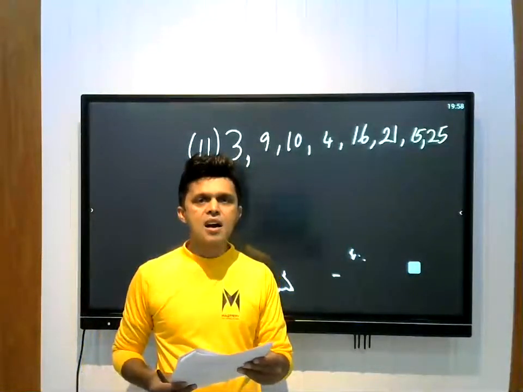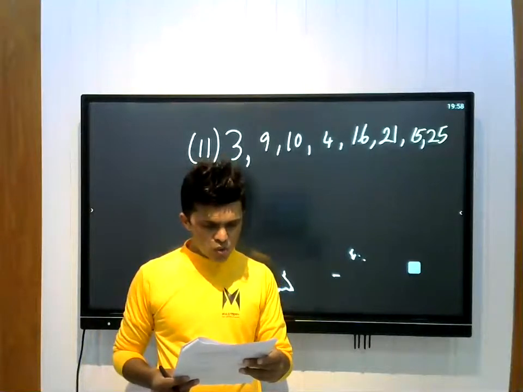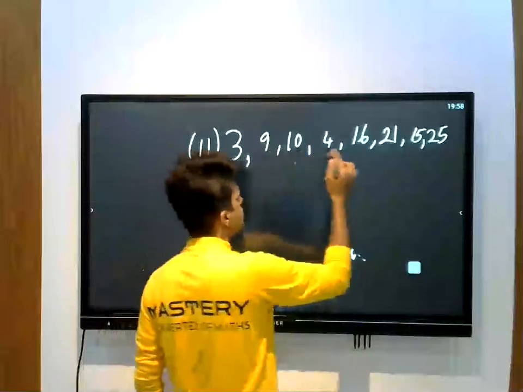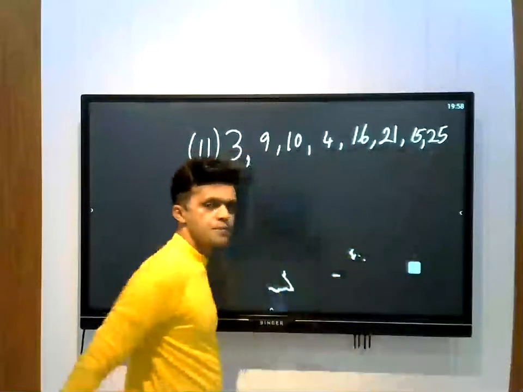How many numbers are found here? 1, 2, 3, 4, 5, 6, 7, 8.